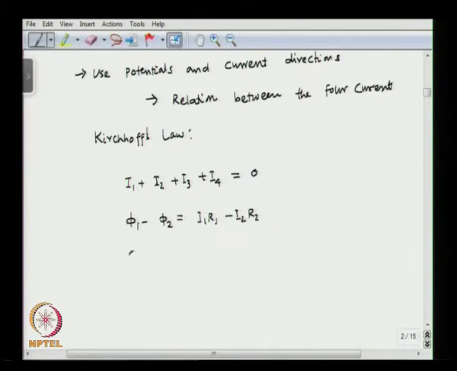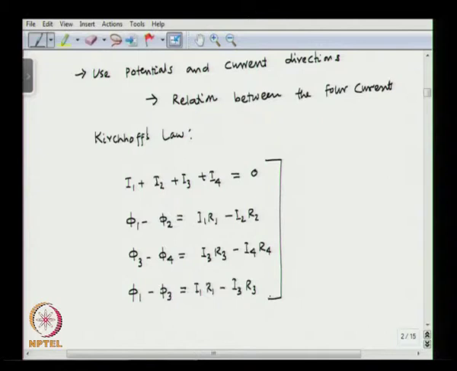Similarly we would have phi 3 minus phi 4 will be I3 R3 minus I4 R4, and we have phi 1 minus phi 3 as I1 R1 minus I3 R3.